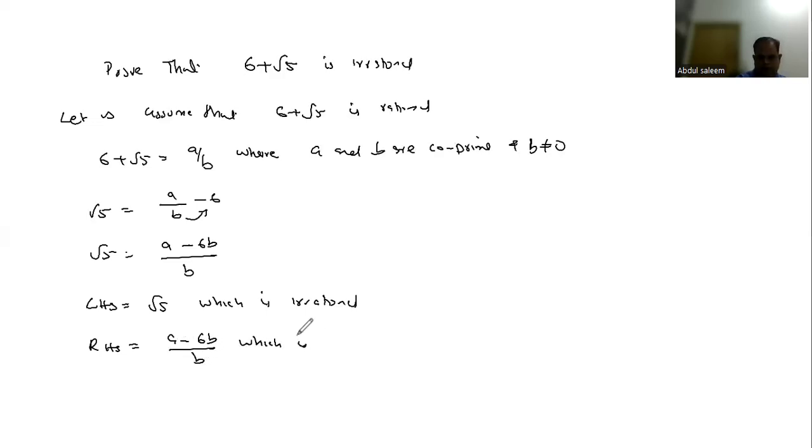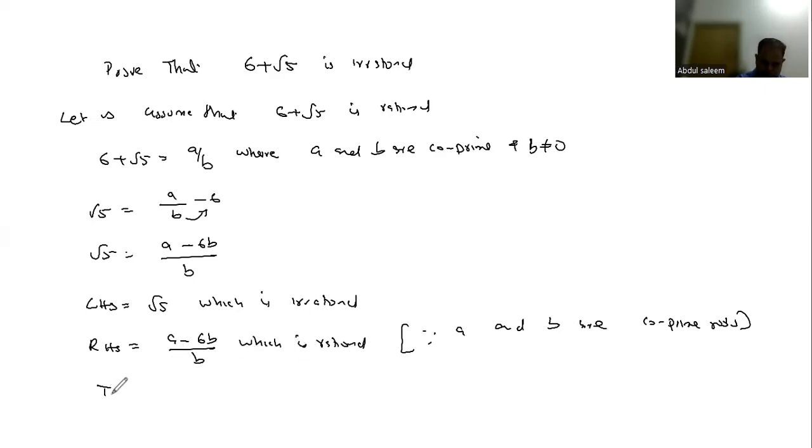because a and b are co-prime numbers. Okay, if a and b are co-prime numbers, then definitely a minus 6b all divided by b is a rational number. So left side is irrational, right side is rational.